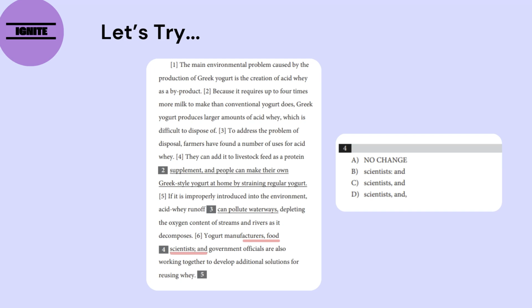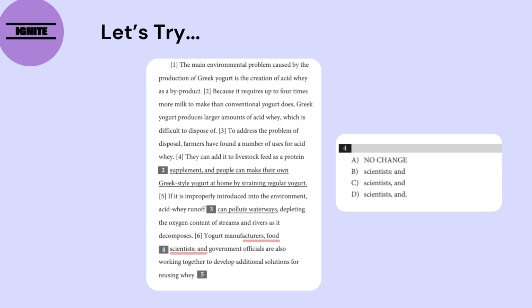A key indicator in figuring out which punctuation to use is figuring out what kind of phrase this is. And as we can see, this is a list, a parallel list: yogurt manufacturers, food scientists, and government officials. Because of that, the punctuation needs to be consistent throughout that list.